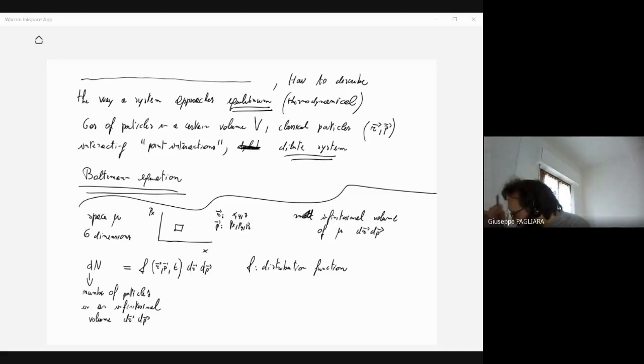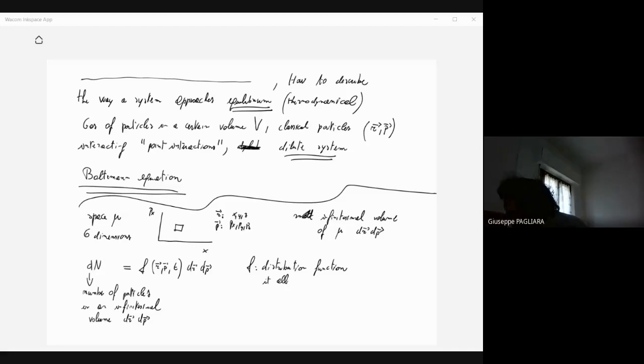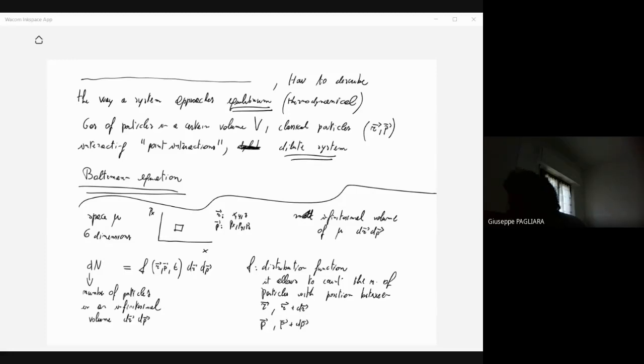So basically it's a way to count. It allows us to count the number of particles with position between r and r plus dr, and momentum between p and p plus dp, okay?